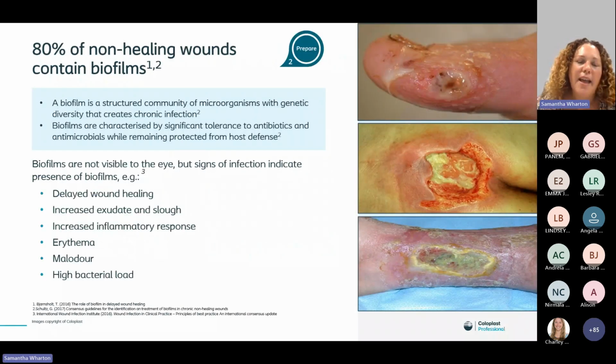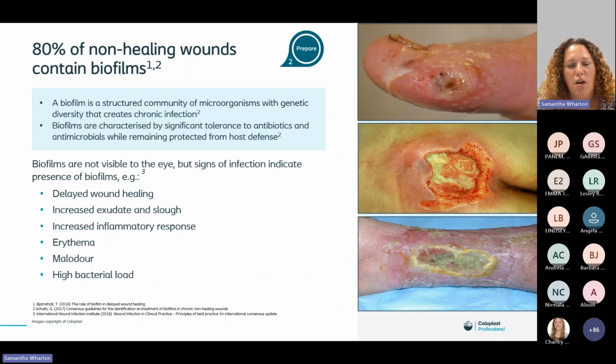So we know that 80% of non-healing wounds contain biofilms, although there's more evidence coming out to suggest that 100% of non-healing wounds may contain biofilms. If you're familiar with biofilms, you'll know that it's that structured community of microorganisms that protect themselves with this polysaccharide substance, like a slime, so that then they're really well protected and they cause real issues within that wound bed.